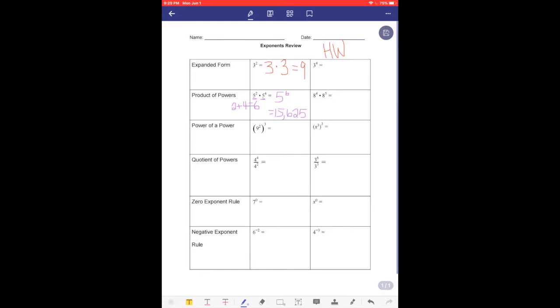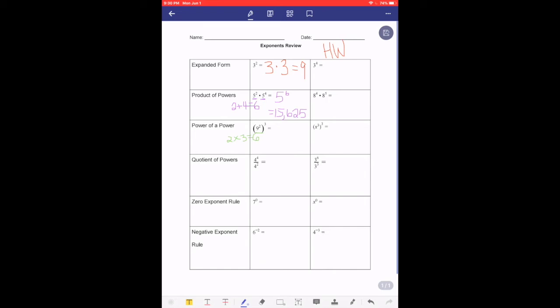Power of a power. So that's when we have one base. Here our base is 9. And we have 2 exponents, 2 and 3. So this is where we multiply our exponents. So I'm going to do 2 times 3. And 2 times 3 will give me 6. So again, just like with the 5 in the previous example, I want to keep the base.